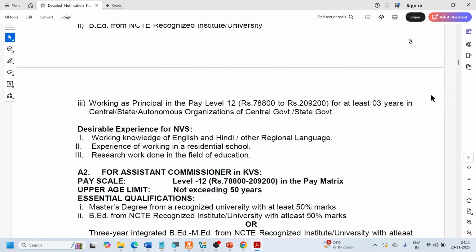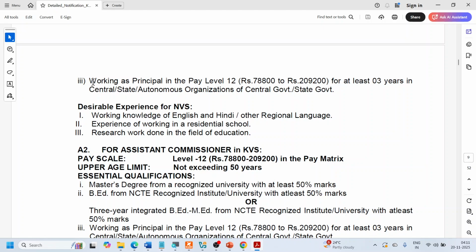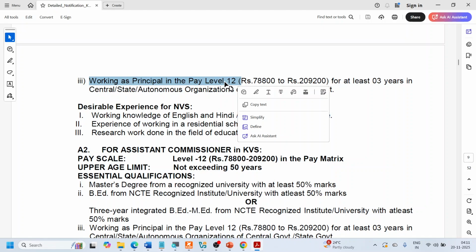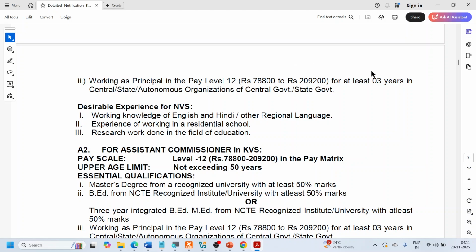However, the problem comes with this third option, and that is you must be at pay level 12. See, the government has pay levels 8, 9, 10, 12, like that. This pay level is there with the government. Okay, so private people don't have this level. Unless you are working in aided colleges, where they maintain this level.